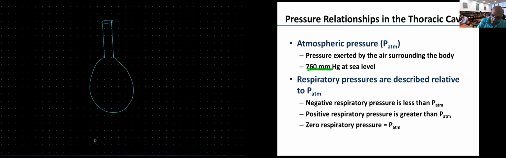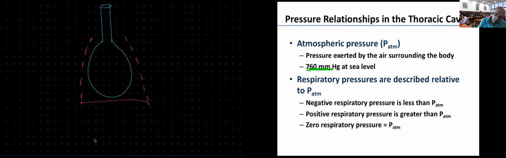This is again my lung. This is my thoracic cage. And this is my diaphragm. Remember the serous membrane formed of two layers covering the lungs and lining the thoracic cavity.